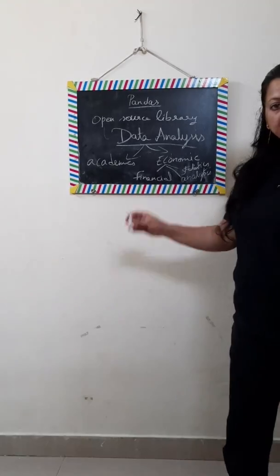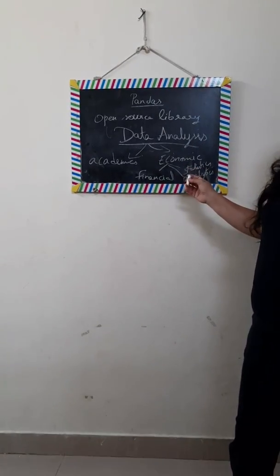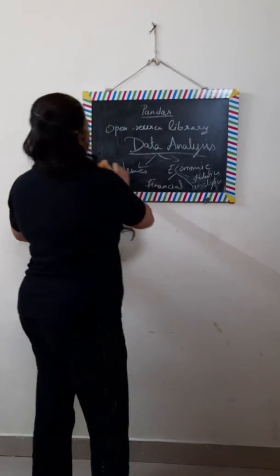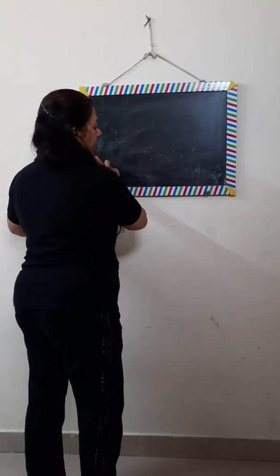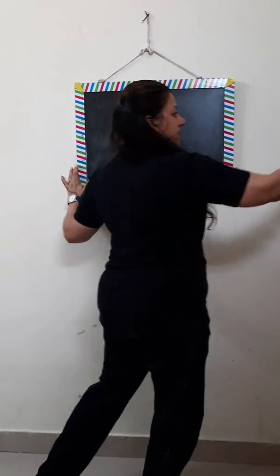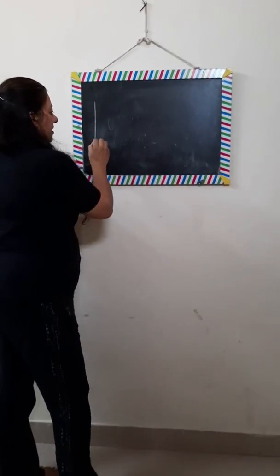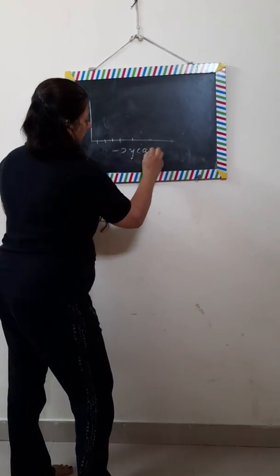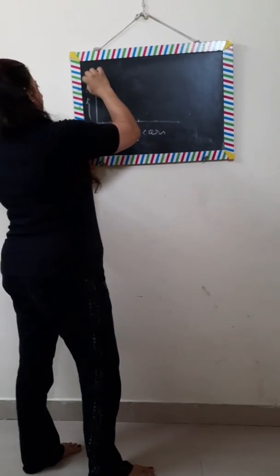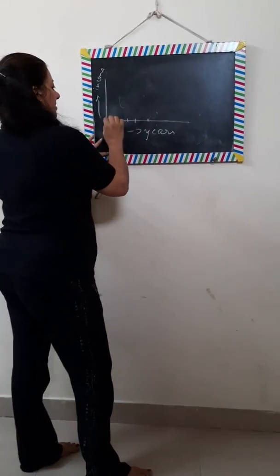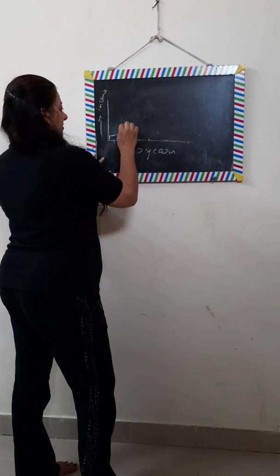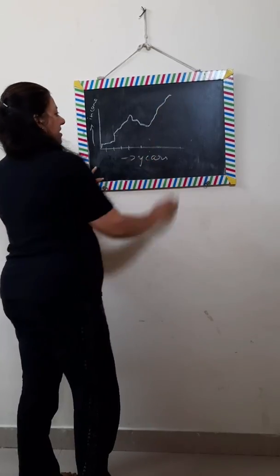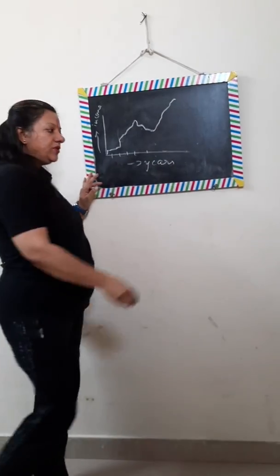Before we start with anything of these kinds, we should know what exactly are we trying to do. Now for example, if I am taking up a company and the company is running for the past 20 years, it knows that the income has been coming in different years. If at all it shows like this, and it shows like this, then it shows like this. Now it's very easy to analyze what we are talking about.